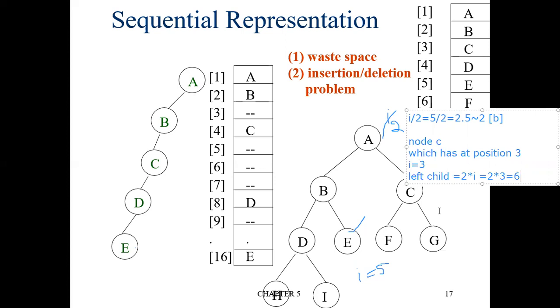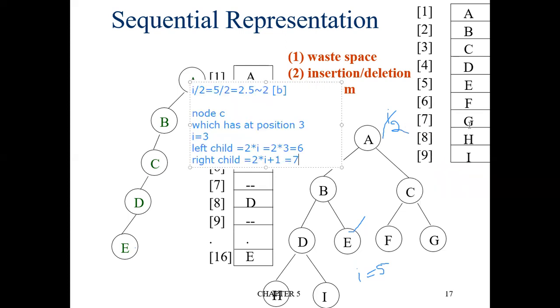At the 6th position is F, which is the left child. And next, the right child is 2 into I plus 1, which is equal to 7. At position 7, you will have the right child G. This is how the sequential, that is the array representation of a binary tree, works.